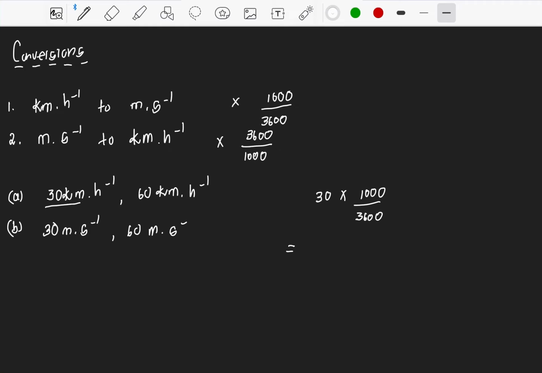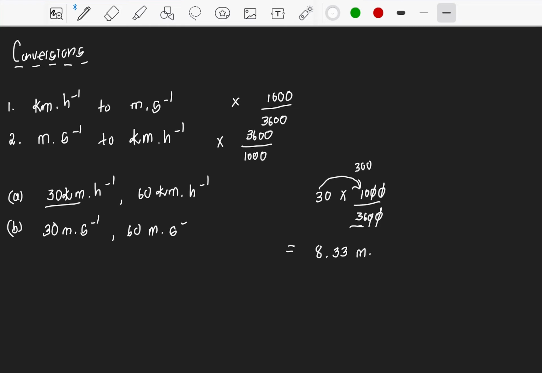So this cancels that and this cancels that, and then you are left with 30 multiplied by 10, which is equals to 300, and then 300 divided by 36 that is left below.